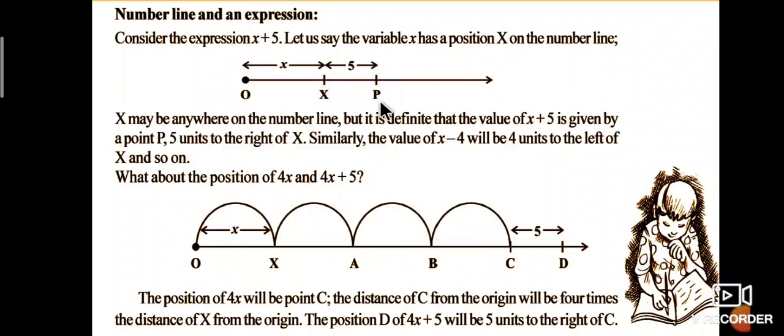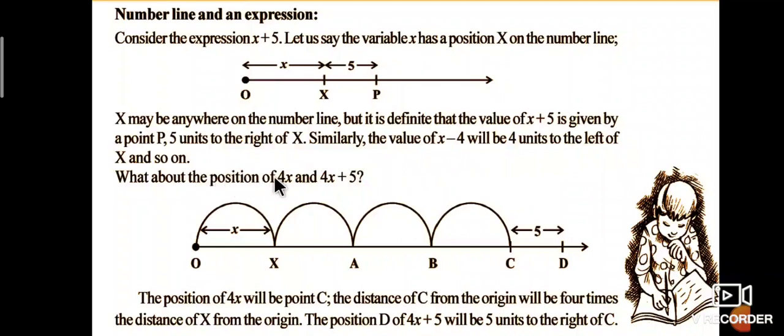The point P is x plus 5. x may be anywhere on the number line, but it is definite that the value of x plus 5 is given by a point P, 5 units to the right of x. Similarly, the value of x minus 4 will be 4 units to the left of x, and so on.